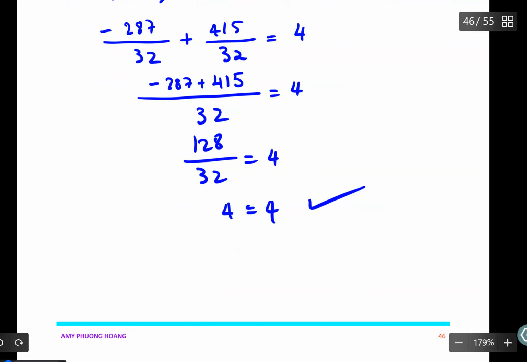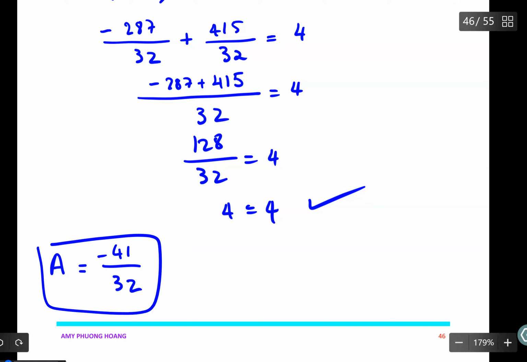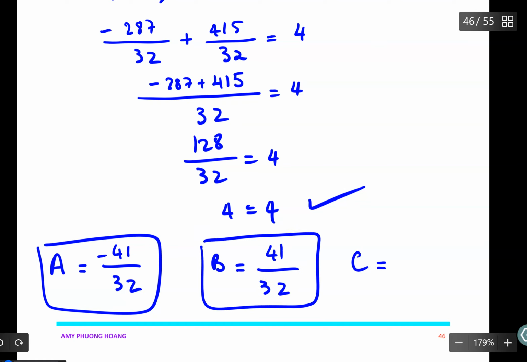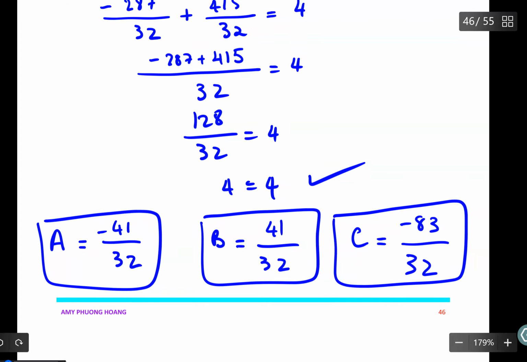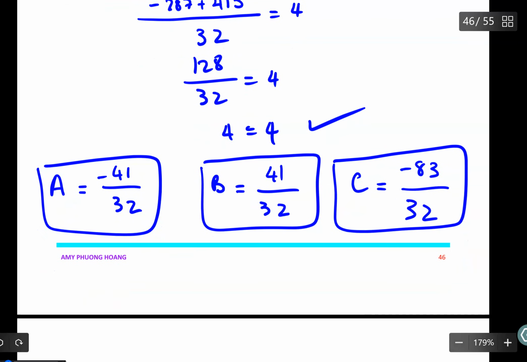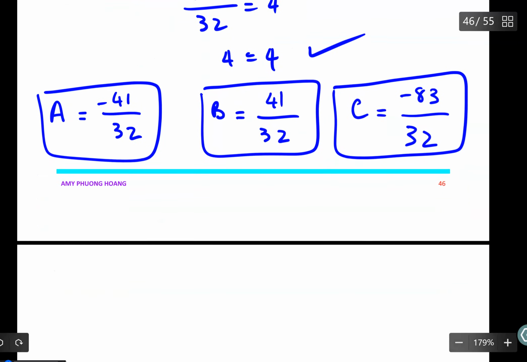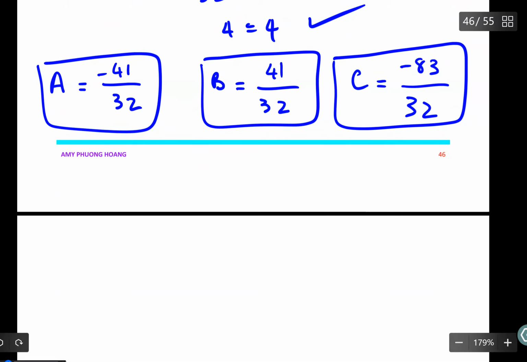So let's write it down. Okay, so write down our A, our B, and our C. A equals negative 41 over 32. B equals 41 over 32. And C equals negative 83 over 32. Okay, so the next step is to substitute these 3 values into our function F(s).